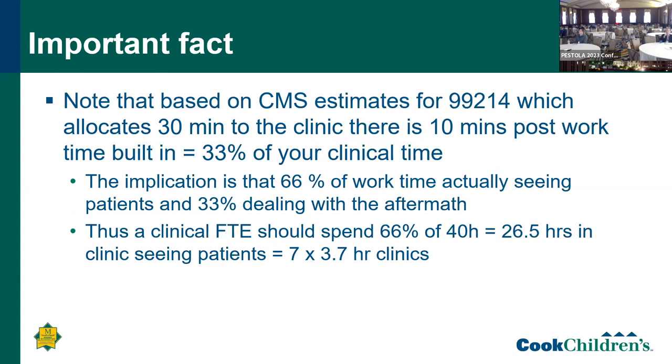So this concept that an FTE is doing 2 clinics twice a day to give you 42 clinics a month is incorrect, because an FTE, if they're seeing patients and dealing with all the aftermath and doing nothing else, is actually 7 half-day clinics of 3.5 hours.